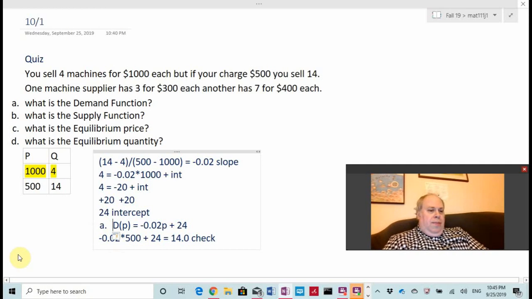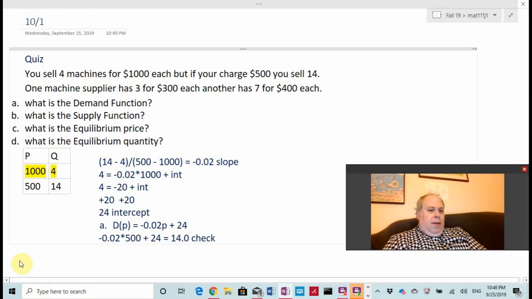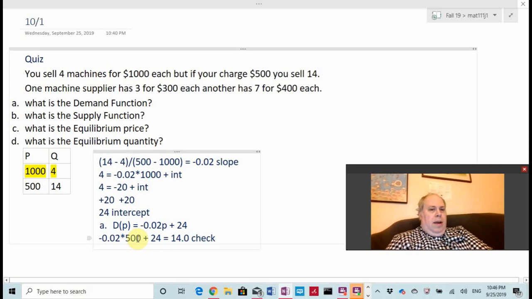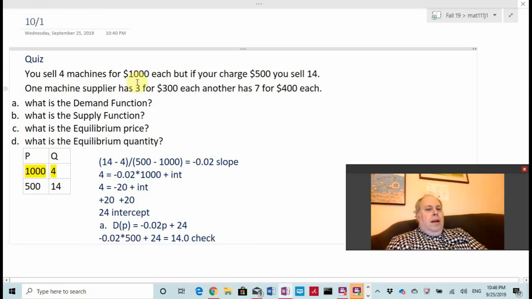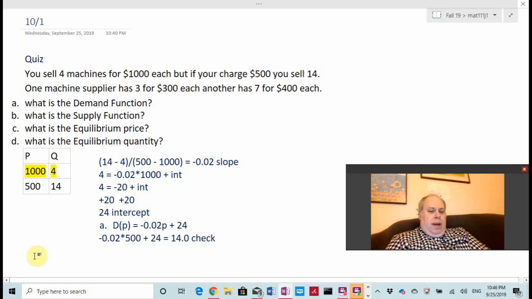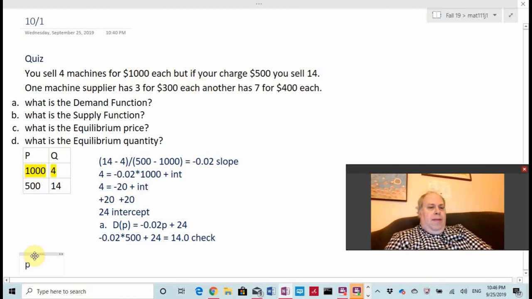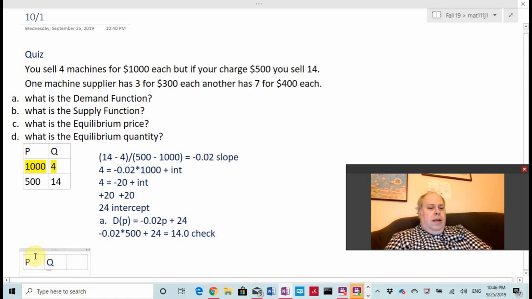Let's do part B. Okay, so to do part B, we're going to use this part. Since that's a supply function, we're going to use prices, quantities, and totals.